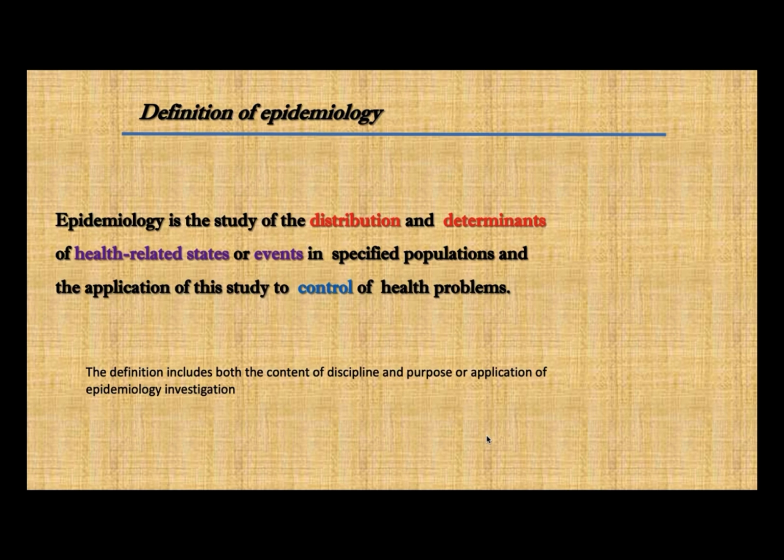So we can get to the definition of epidemiology, which is the study of the distribution and the determinants of health-related states or events in specific populations, and the application of this study to control of health problems. According to the definition, what we need to do is to describe distribution, find the determinants of the problems, and the final purpose is to control health problems.